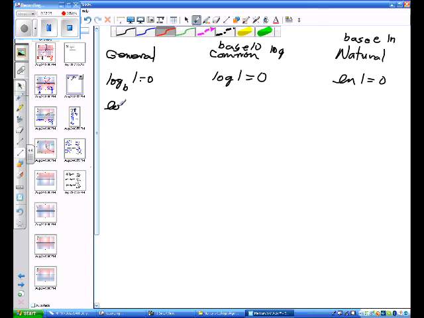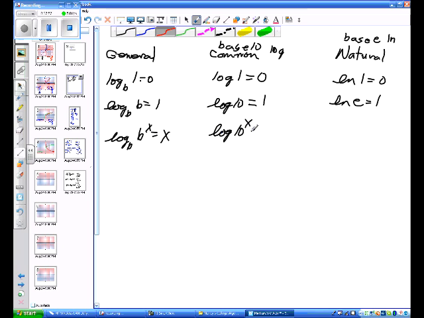Log base b of b, we found out was 1. And so again, the log of 10, since that is your base, is 1. And over here, the natural log of e would be 1, because e is your base here, 10 is your base. Log base b of b to the x is x. So the log of 10 raised to any power is going to be x.